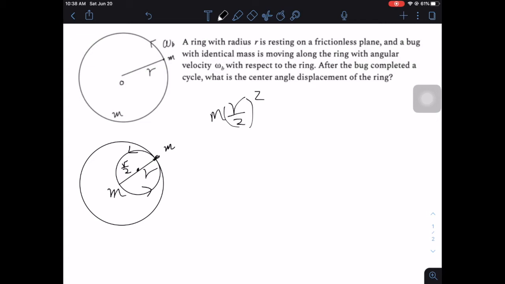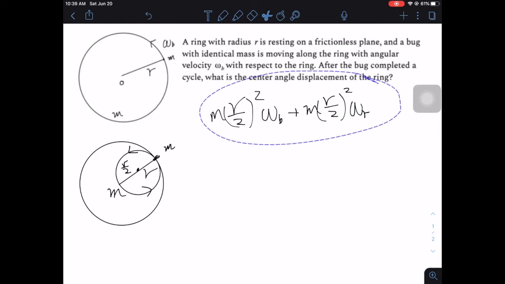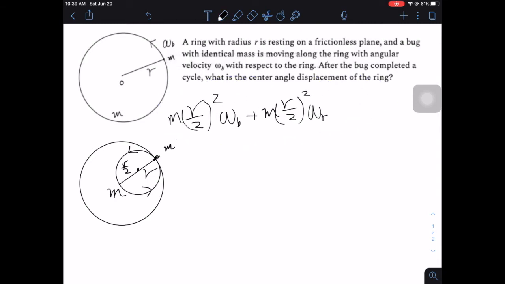We have three terms we need to consider. First is the angular momentum of the bug according to the little circle, which is m times (r over 2) squared times omega b, and the angular momentum of the entire ring around the circle, m times (r over 2) squared times omega r.